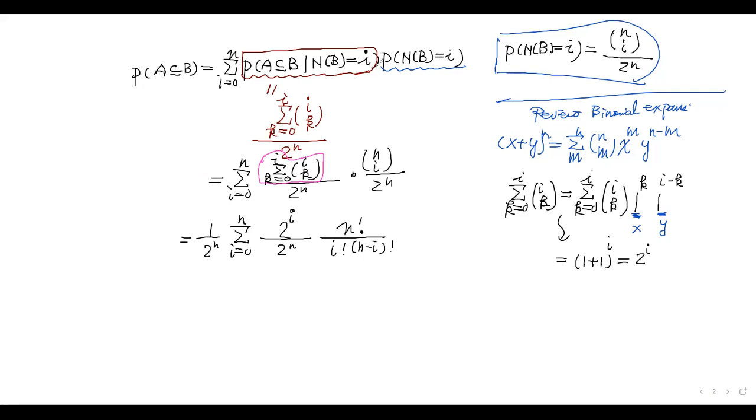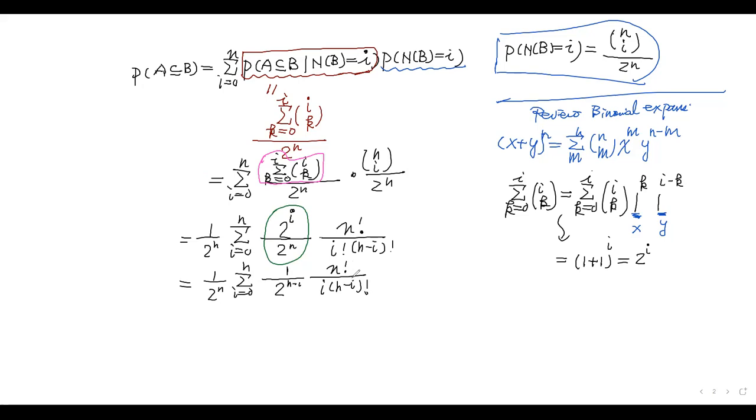Okay, so these two I can simplify. I can use the exponents definition to simplify it. So this is 1 over 2 to the n, a summation i from 0 to n. So what is this? This is 2 to the n minus i, to the 1. Wow, it seems like I got something here, right? So this is n factorial over i factorial, n minus i factorial.